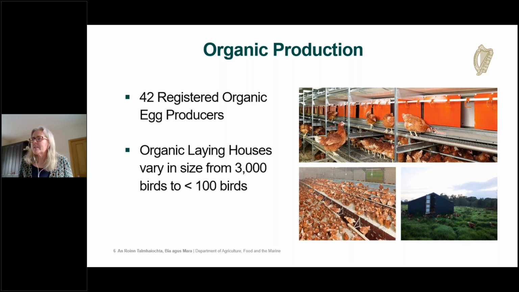So you can see that you would be dealing with some, as the pictures on the right hand side of the screen illustrate, quite large premises, and some smaller to medium premises, and also in terms of organics, some mobile units.